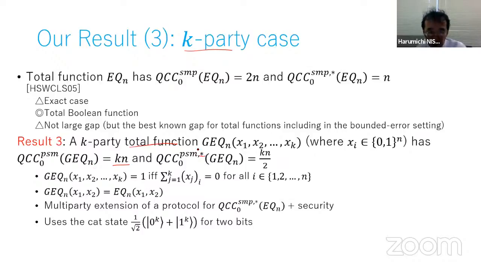But if the K parties share entanglement, this function has communication complexity Kn divided by 2. So again, this gap is twice, double.